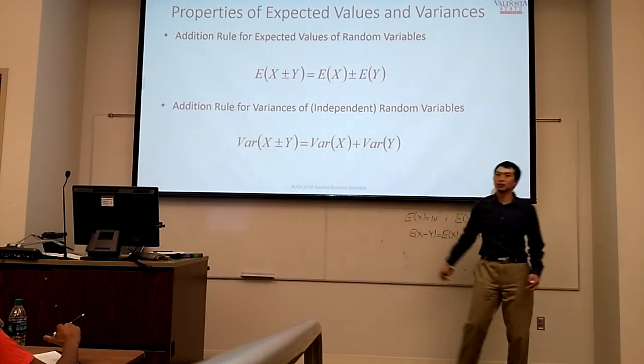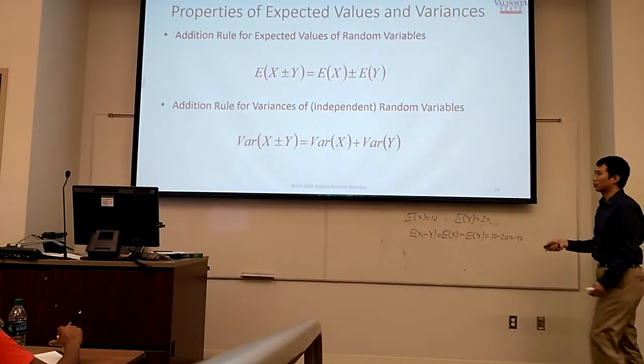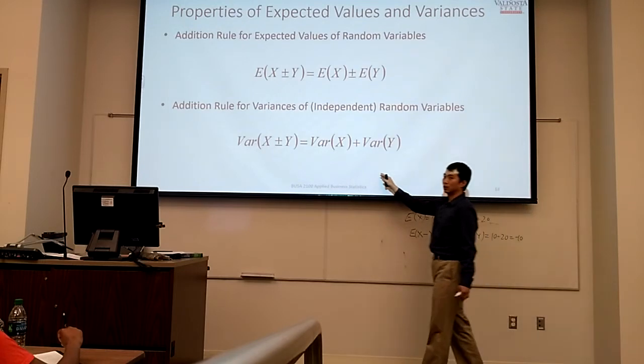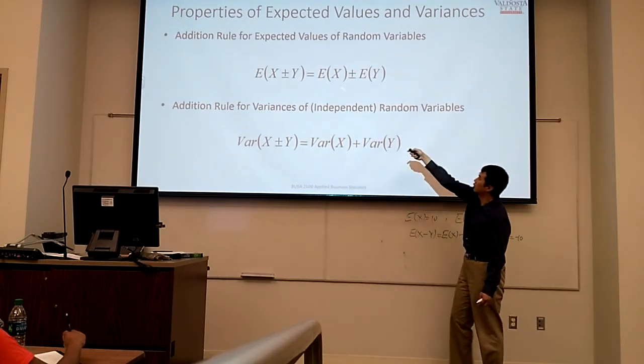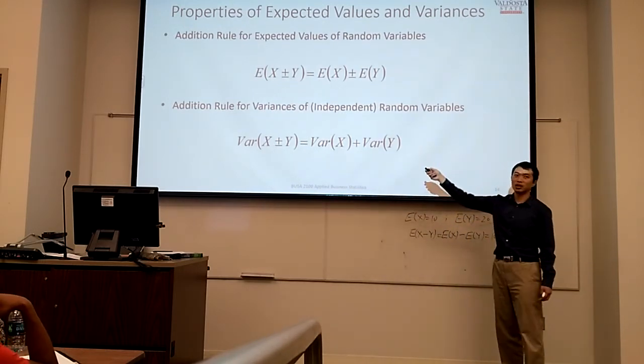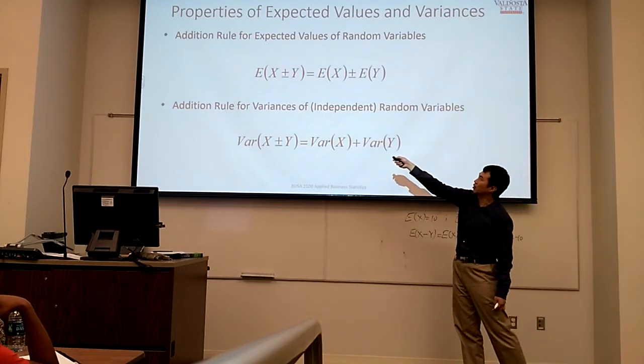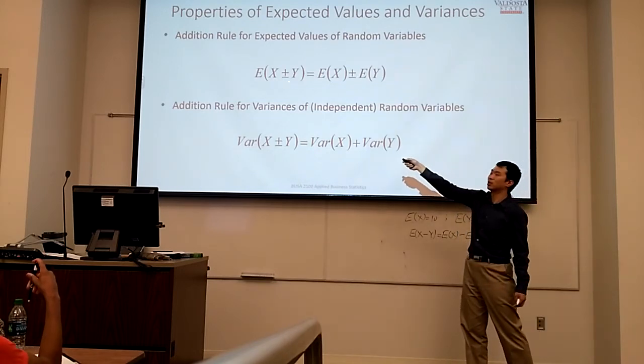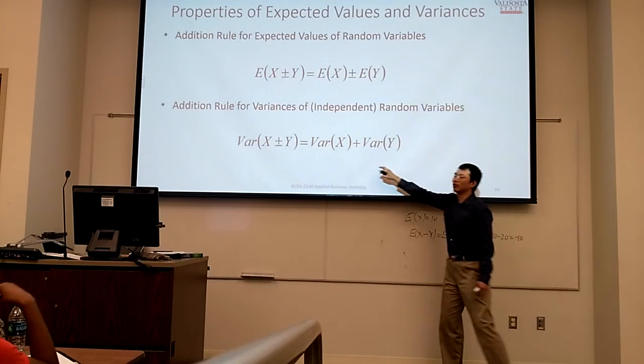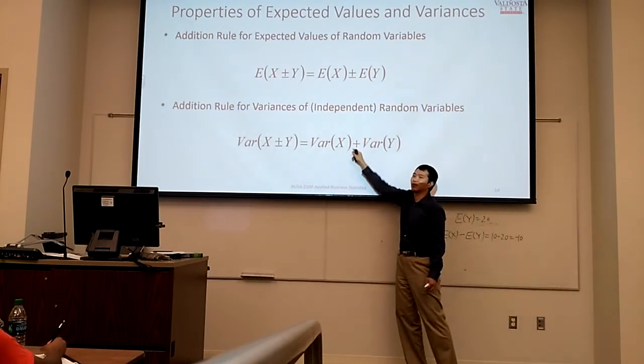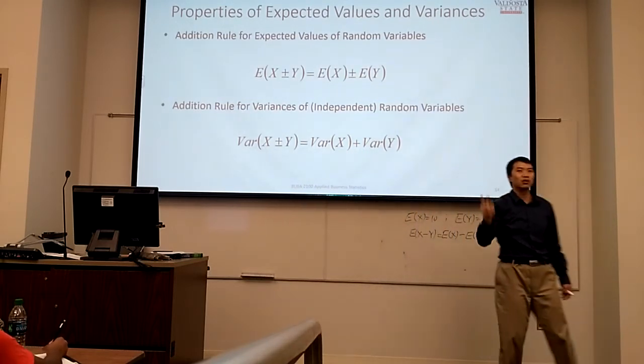So that's the property we have to be careful about. That's the difference from the expected value. For the expected value, if here is plus, we have plus; if it's minus, we have minus. But for the variance, we always have plus. That's one difference.